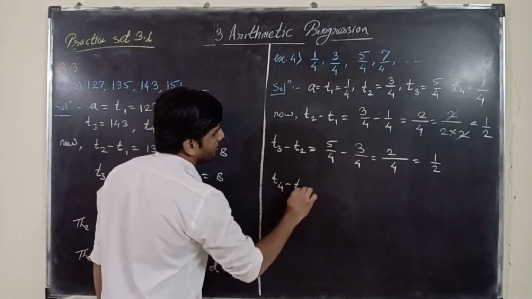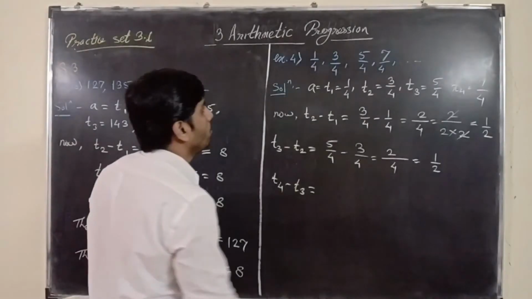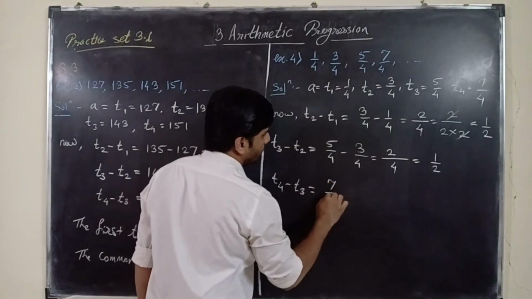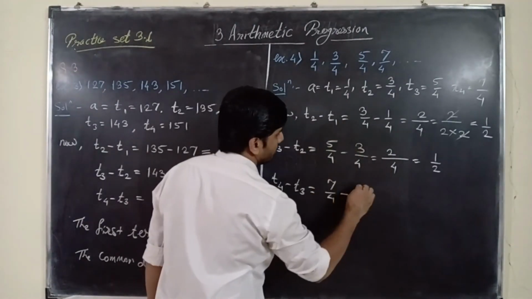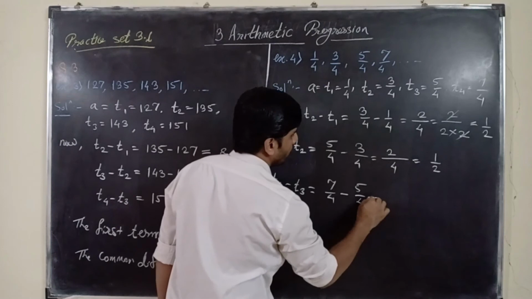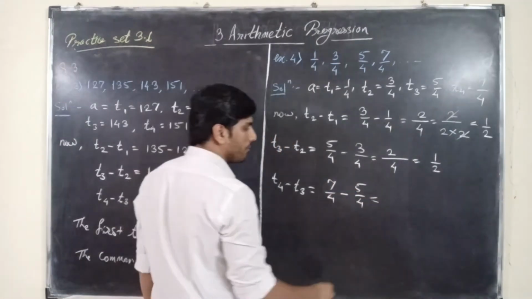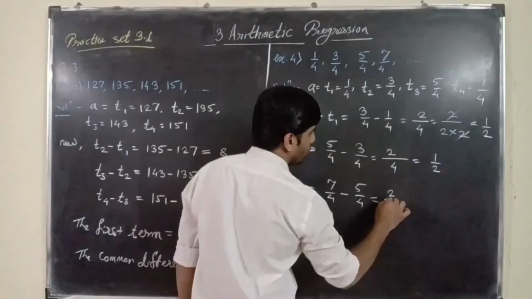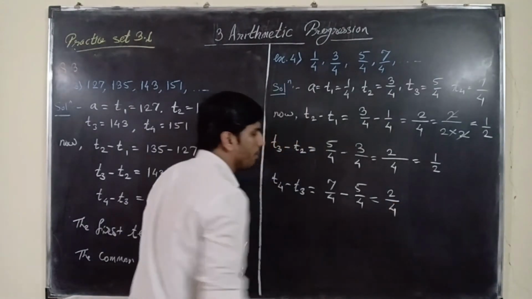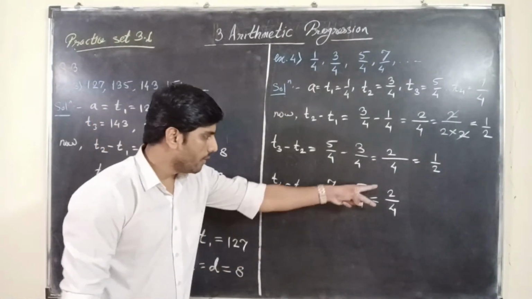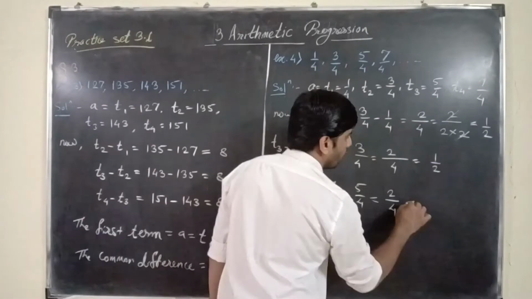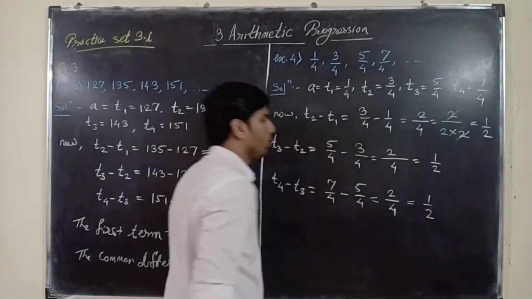Now T4 minus T3 is equal to 7 upon 4 minus 5 upon 4, which is equal to 7 minus 5. Again here we will get 2 as denominator is same. So again we will get here 2 upon 4, which also can be written as 1 by 2.